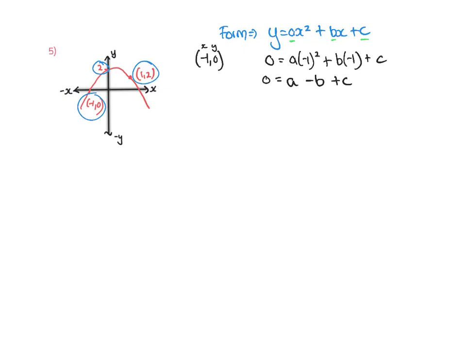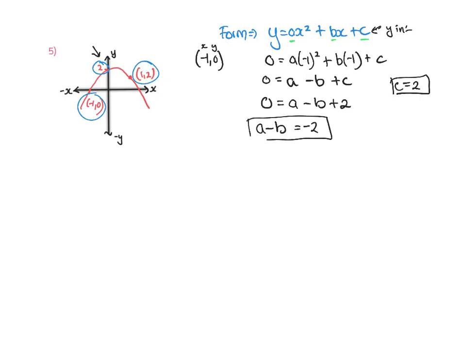Now we can see c is obviously the y-intercept, and we can see that one, so we might use that. So we're going to say c equals 2. We found out that just by looking at the y-intercept. So I could write this equation as a minus b plus 2. And if I just rearrange it, bring the 2 over, or whichever way, I'm going to write it as a minus b equals negative 2, because there's one equation there.